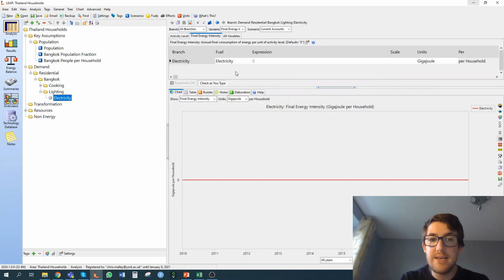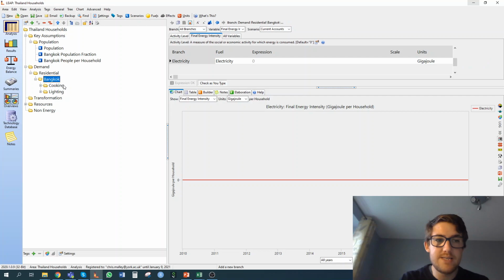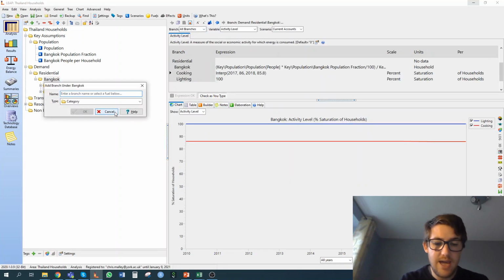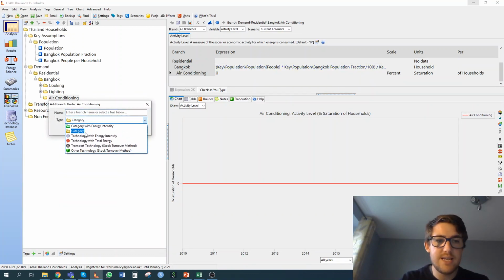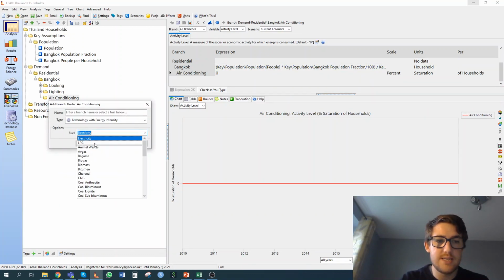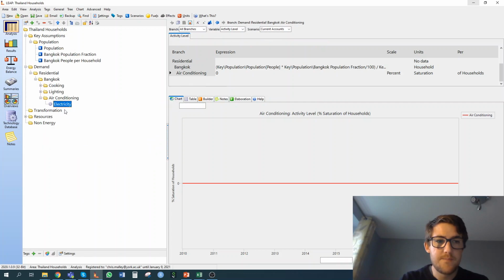And for that, we would then need to know the average amount of electricity consumed per household for lighting. We could add other activities like air conditioning. And again, electricity is the fuel that we're interested in here.